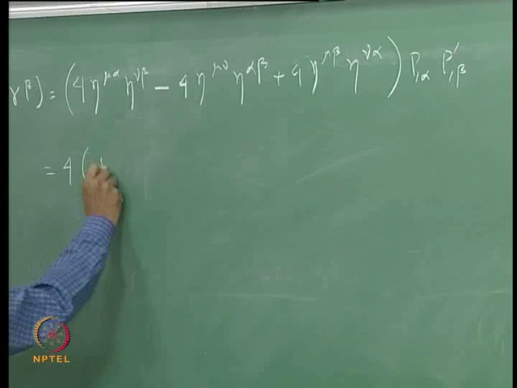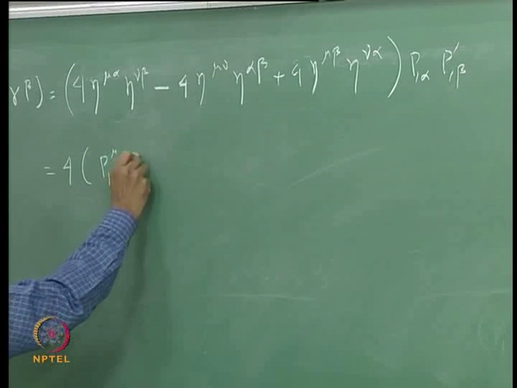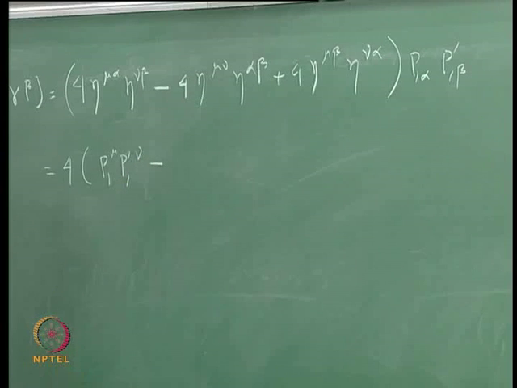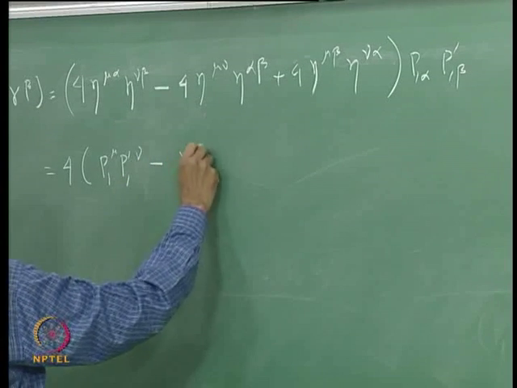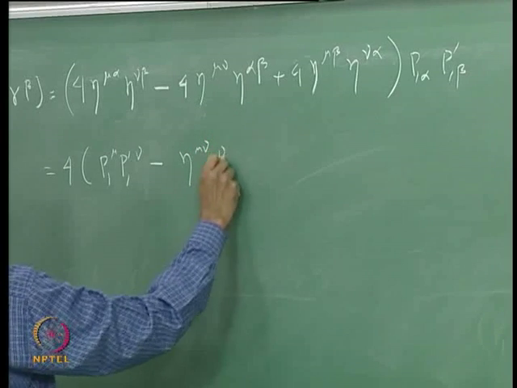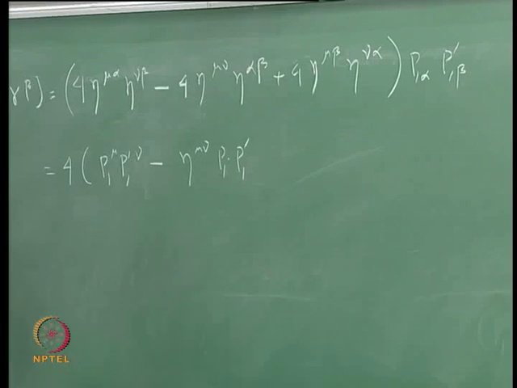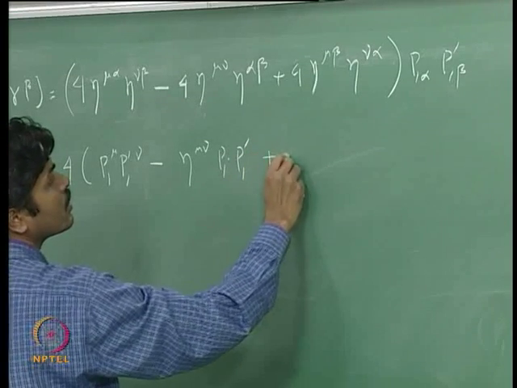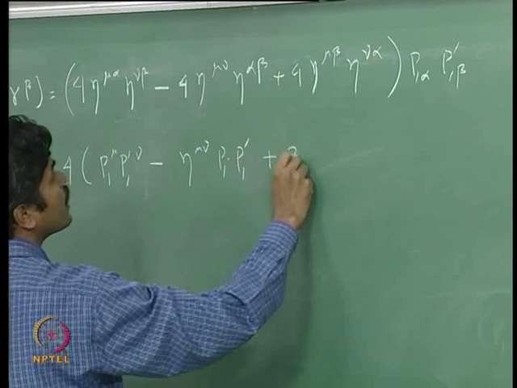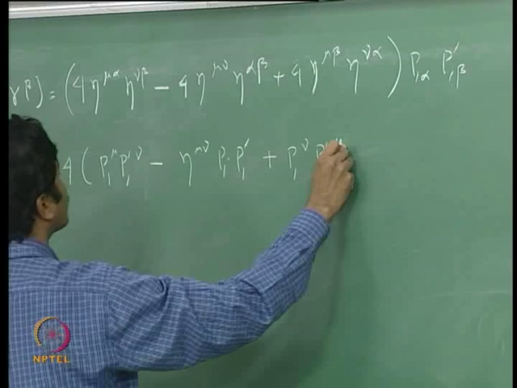First one will be P1 nu P1 prime mu minus eta mu nu times P1 dot P1 prime, and this term plus P1 mu P1 prime nu.